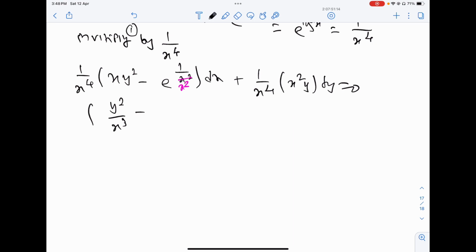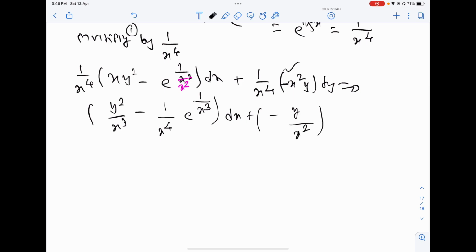So now it is y square over x cube minus 1 by x power 4 e to the power 1 upon x cube dx, plus minus y divided by x square dy equal to 0.